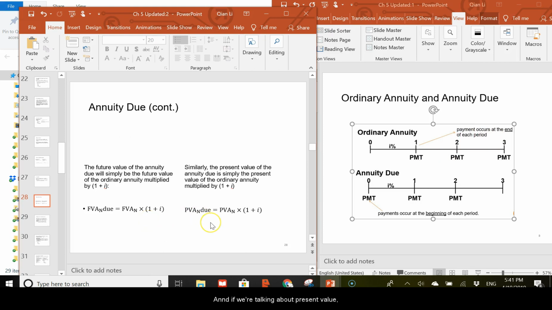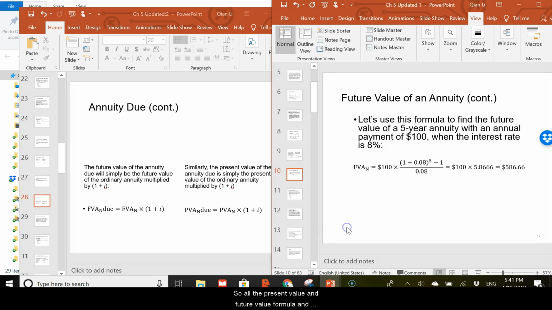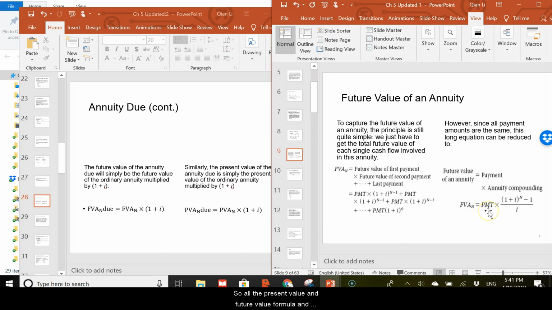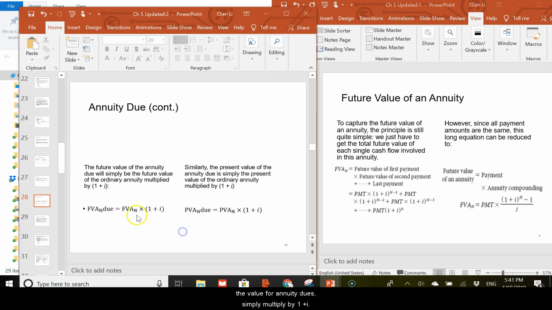And if we are talking about present value, same thing. Present value of this annuity due should be the present value of this matching annuity multiplied by 1 plus i. So all the present value and future value formulas and calculations we talk about so far are based on ordinary annuities. Then if you want to calculate the value for annuity dues, simply multiply by 1 plus i.